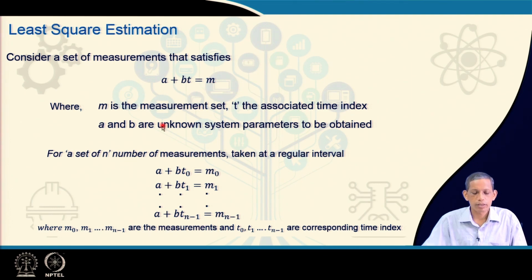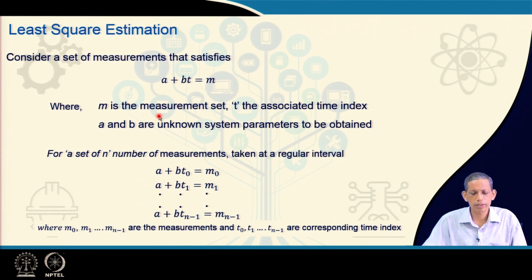A and B are the system parameters which are not known to us, and these unknowns are to be estimated in this process. Such a least square estimation technique you might have come across in curve fitting or as a tool in signal processing. We are addressing the same thing here.